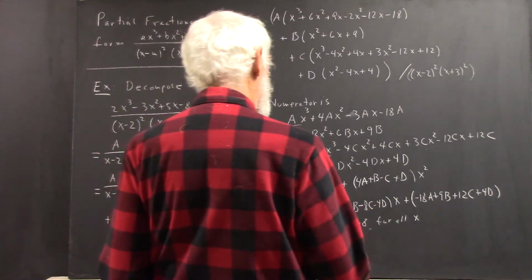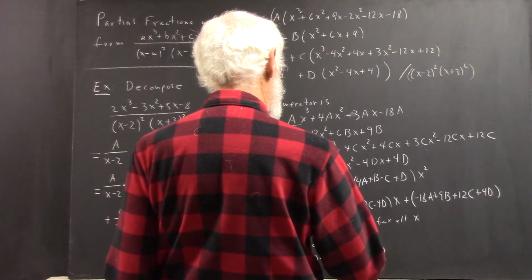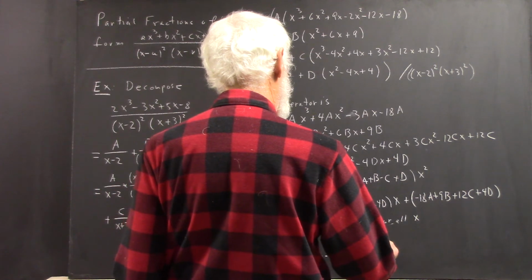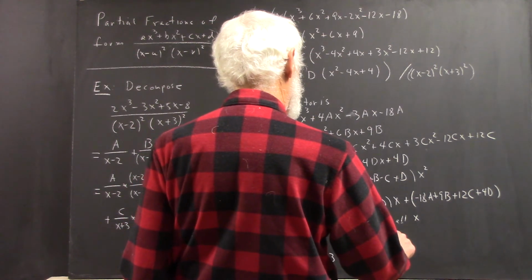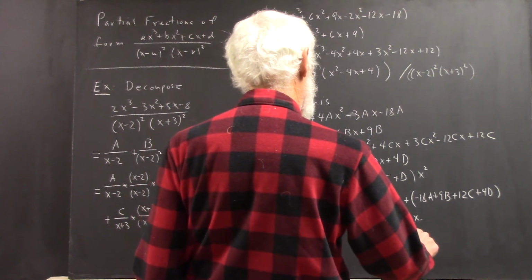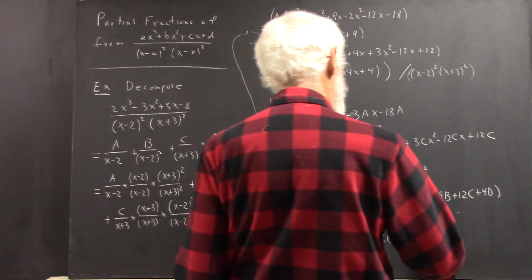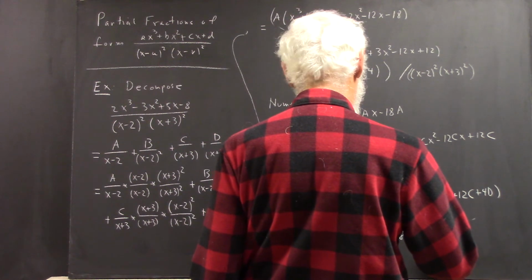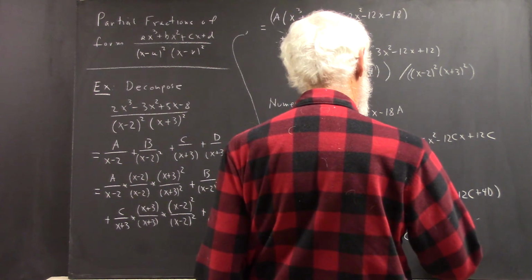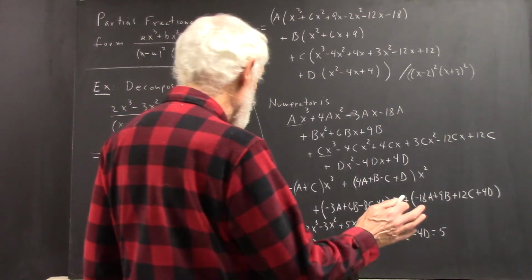And then the coefficient of x is going to equal 5, so we're going to have negative 3a plus 6b minus 8c minus 4d equals negative, no, it's 5. Okay, short-term memory here.